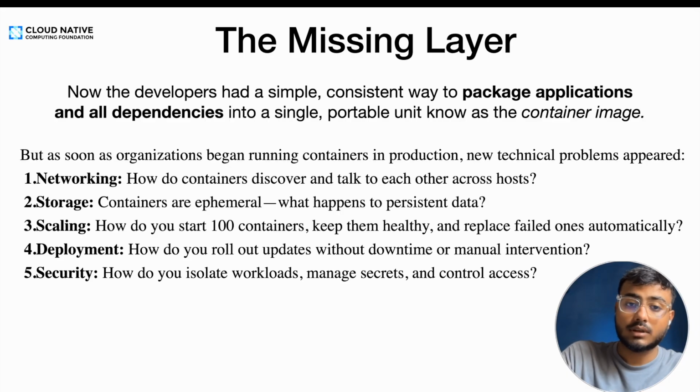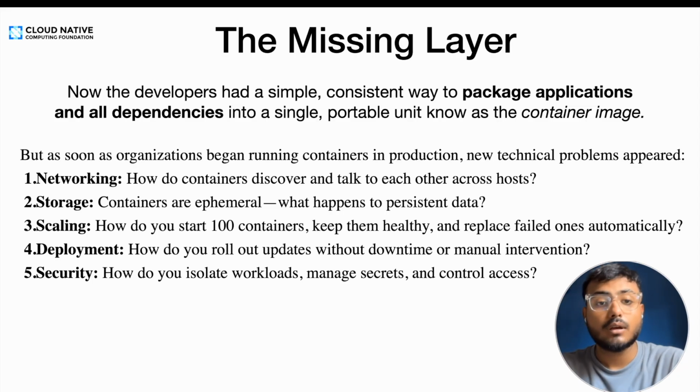But as soon as organizations started using it at scale, they ran into some technical problems around networking, storage, scaling, deployment, and security. For example, in a microservice architecture, we would want different applications talking to each other to work towards a shared goal, which was not yet possible with containers.